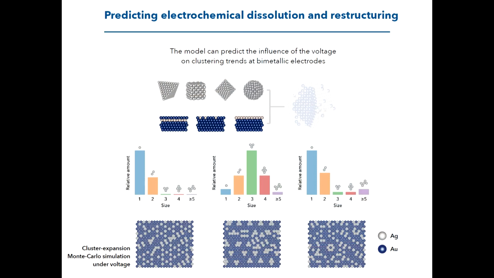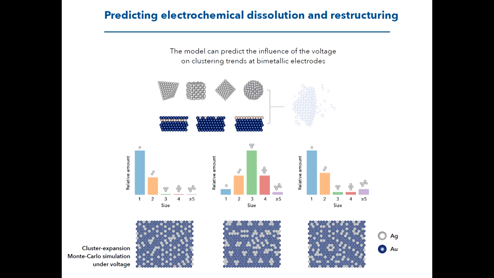Another example of interest to fuel cell catalysts, for example, is this bimetallic subsurface alloy, which is a promising and very attractive way to boost the catalytic performance of different electrode materials. And you can see here that, again, by including the effect of the voltage, we can predict the restructuring of the electrode using Monte Carlo cluster expansion techniques that are parameterized using first principle simulations under applied voltage.